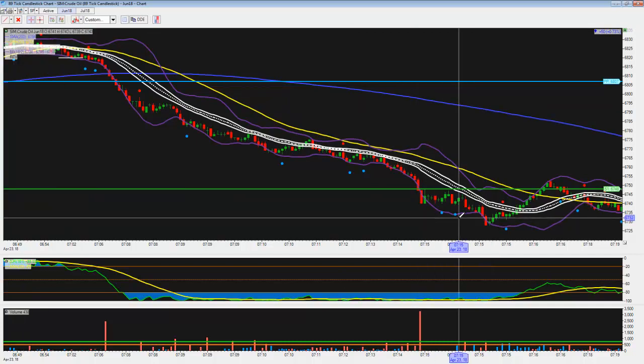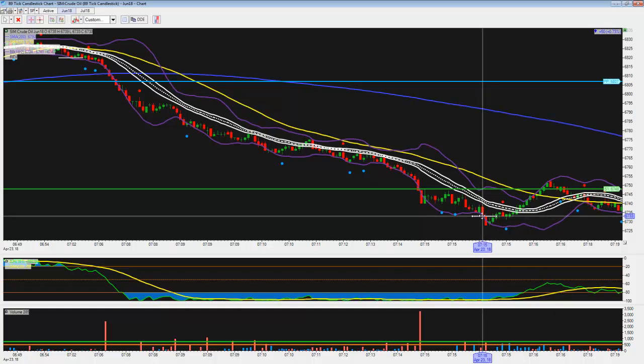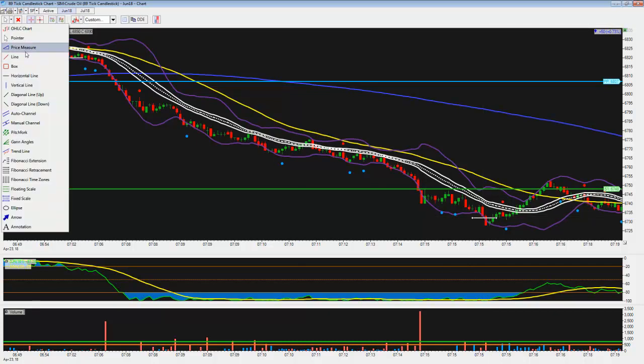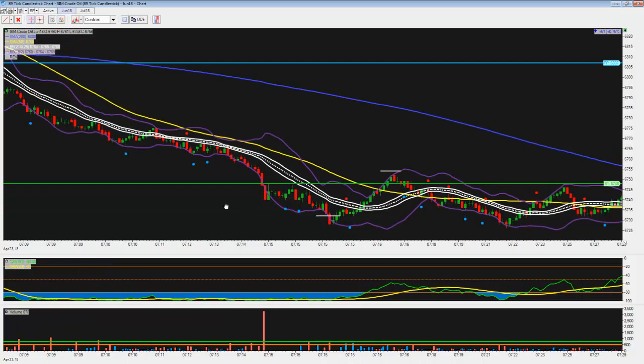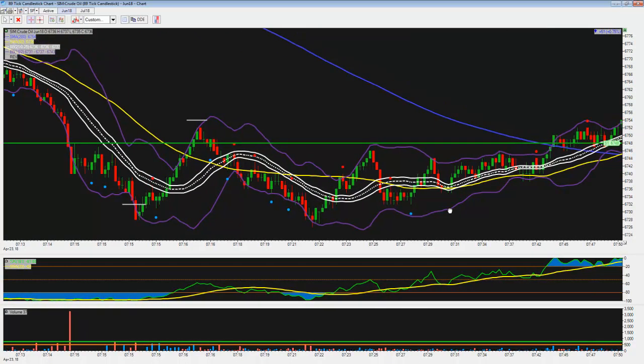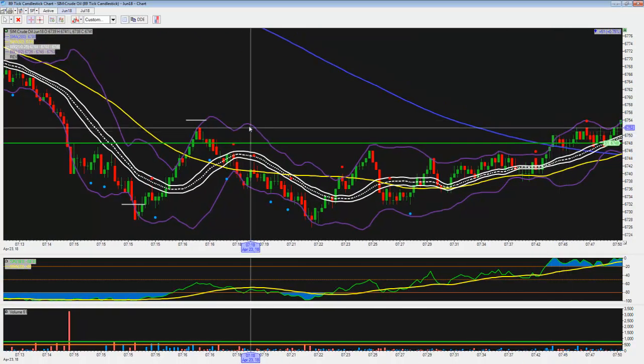Which is right here. Which is a 4-peak down move. And then 54 would have been the stop at that point, which was run right in this area over here.